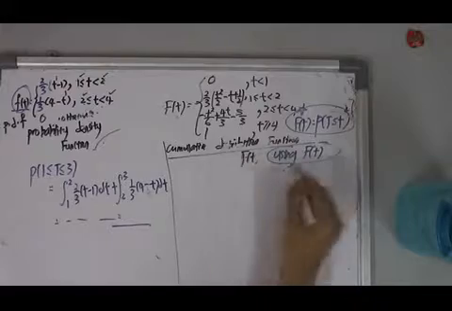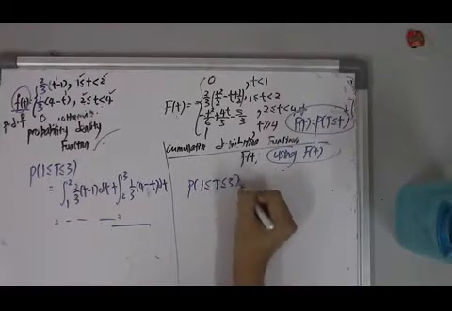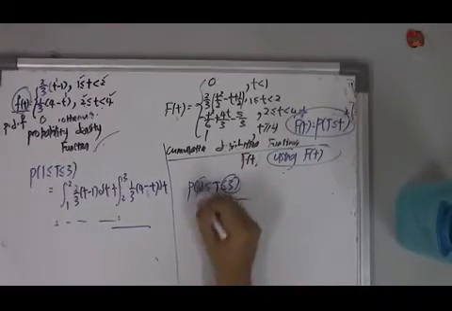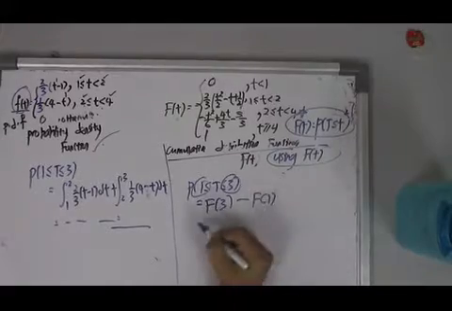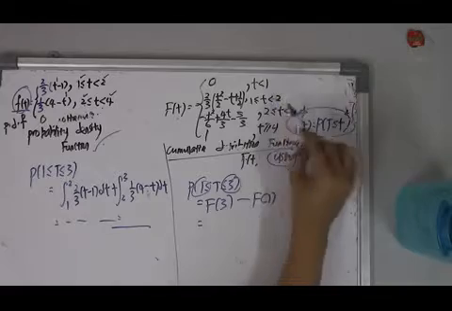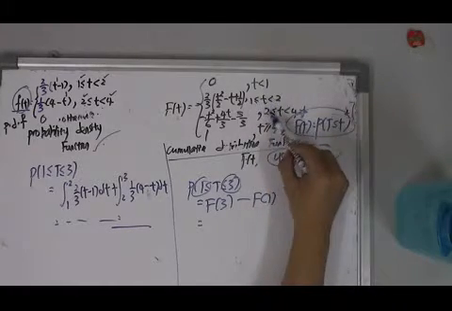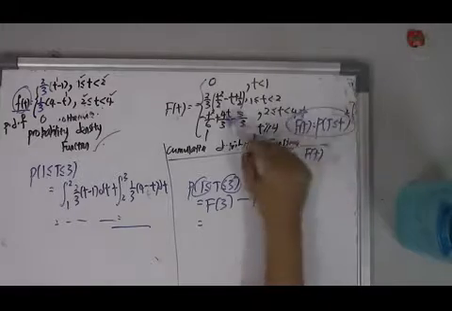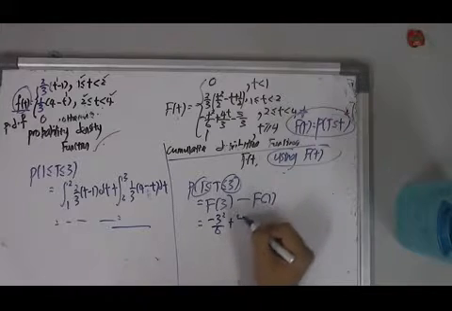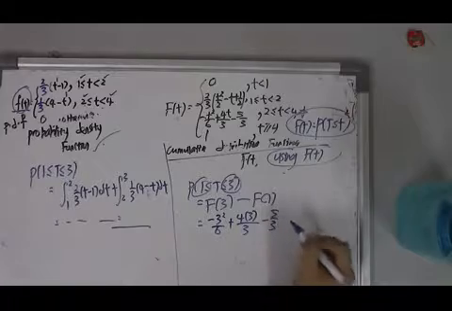If you use the cumulative distribution function, it will be different and slightly easier. You take the top one, F(3), minus the bottom one, the big F(1). For F(3), you search for which interval 3 belongs to. 3 is not inside here, but 3 is inside here, between 2 and 4. So you substitute the 3 inside here: negative 3 squared over 6 plus 4 times 3 divided by 3 minus 5 over 3.